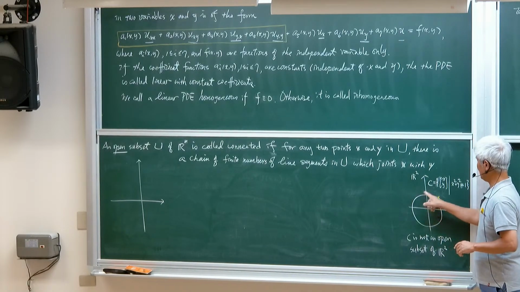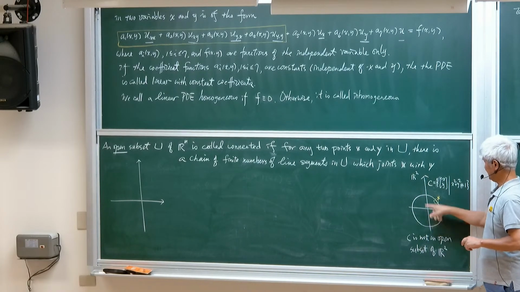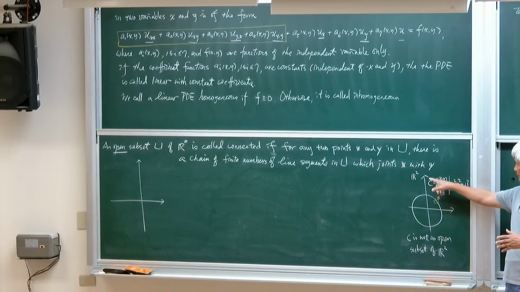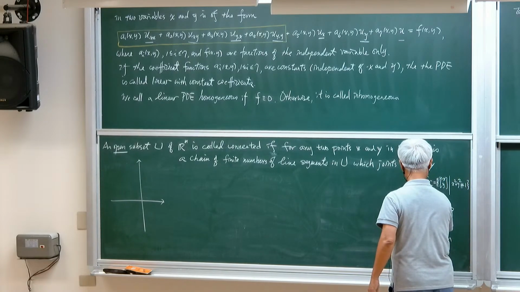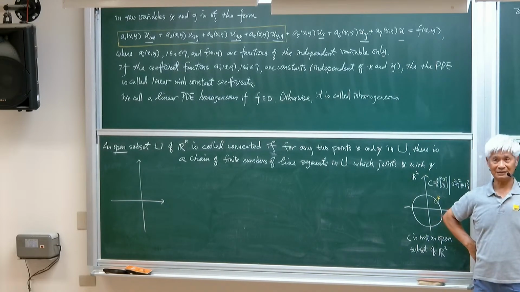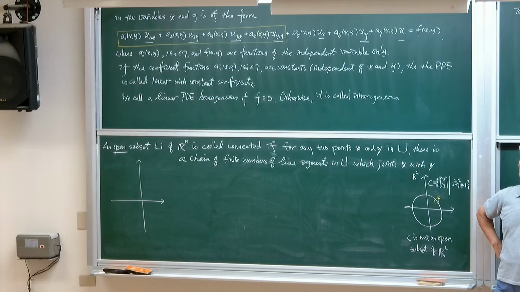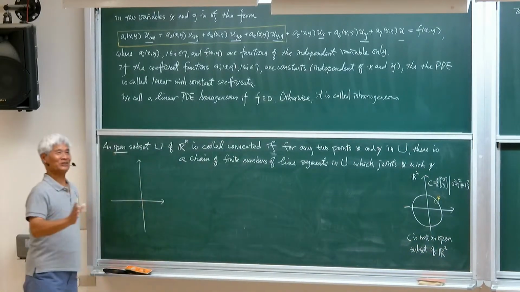But a circle in R2 is connected. The general definition of a connected subset is not a very conceptual word, so I don't want to get into that concept.